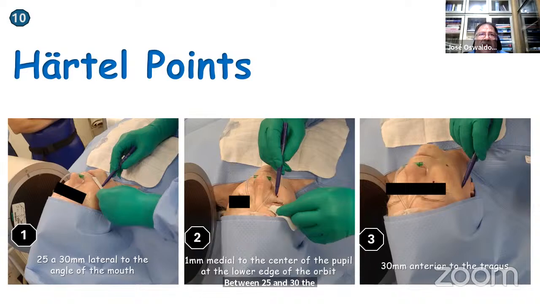The second is 1 centimeter medial from the center of the pupil on the lower edge of the orbit. The third defines a coronal plane 30 millimeters anterior to the tragus.